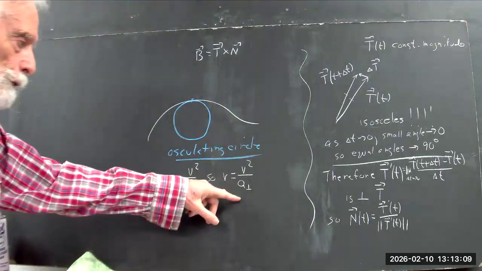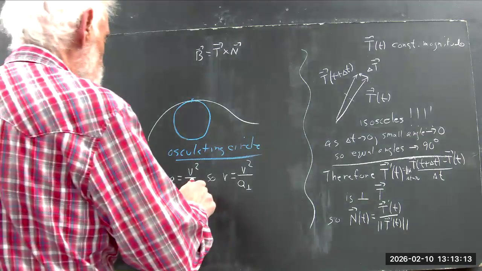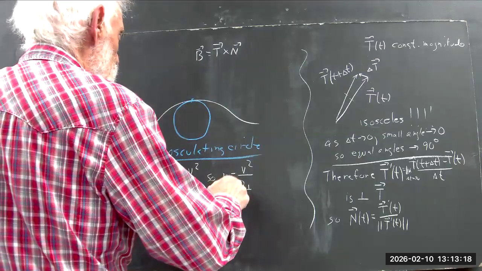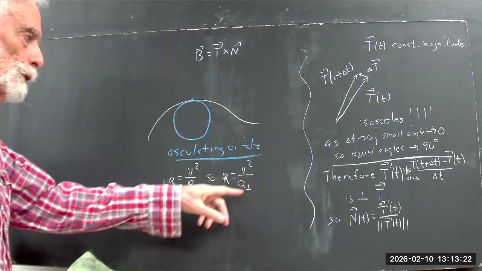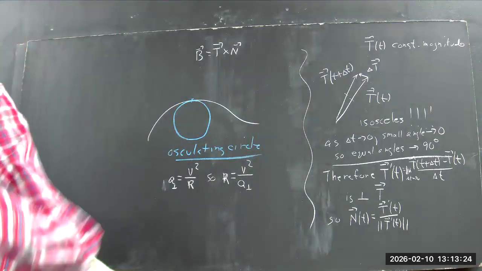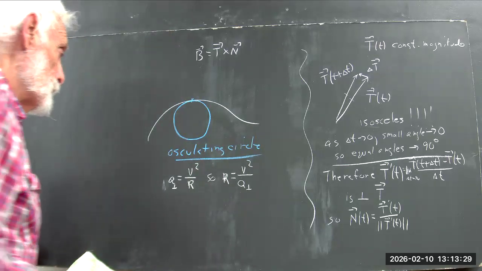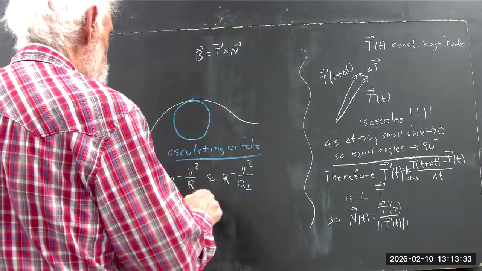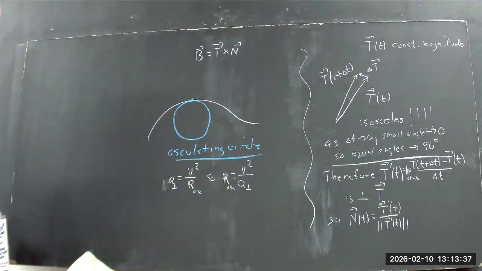Now, I don't have arrows over the V and the A and the R. And let's just distinguish the R so we don't confuse it with the magnitude of our position vector, and even add the OSC here for osculating, so we're really sure we know what we're talking about.